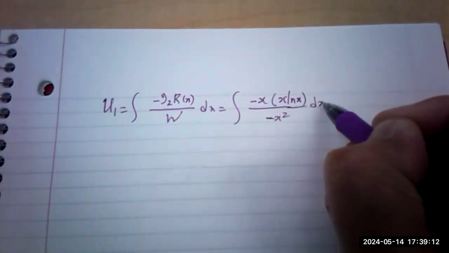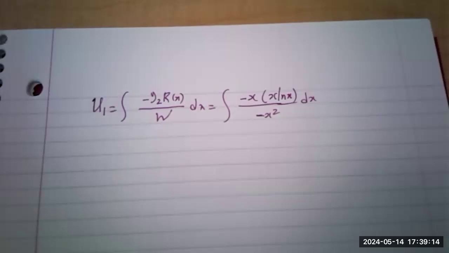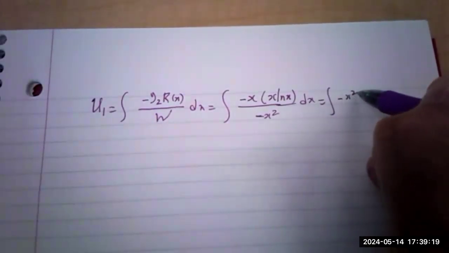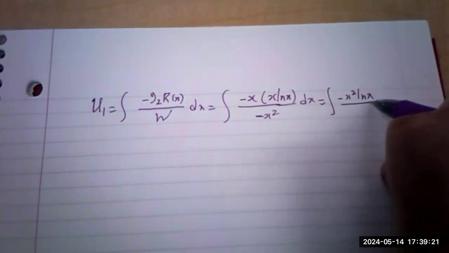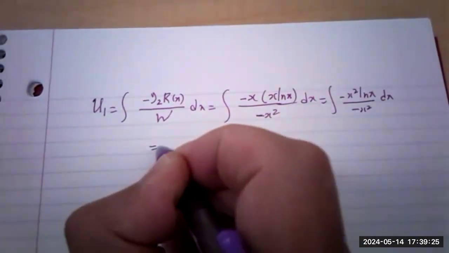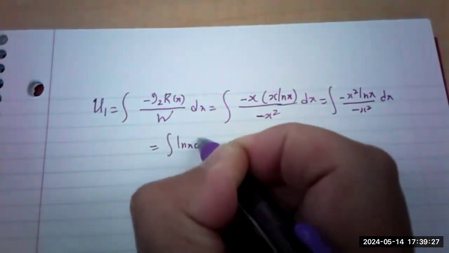You simplify it. On the top, you arrive at negative x squared ln x, divided by negative x squared dx. Negative x squared will cancel out. You get the integral of ln x dx.